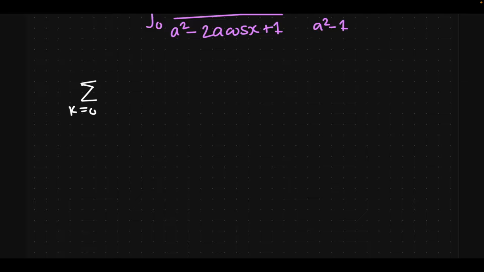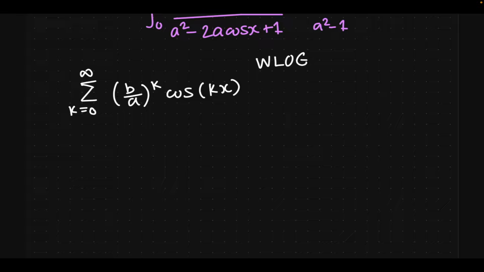Think of it as some mathematician dreamed of this method, and now we're just confirming that it works. Okay, that's b over a now. This method we are assuming without loss of generality, and you will see why in the end.